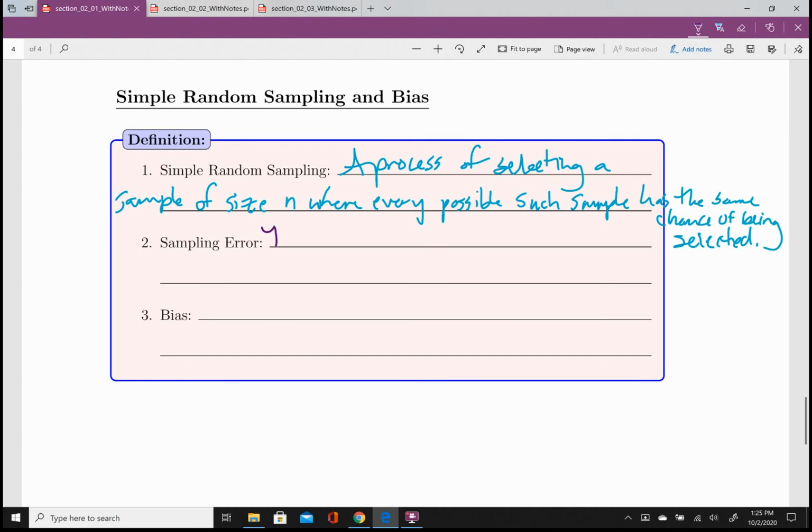Okay, so the error involved in using a sample to estimate information about a population.